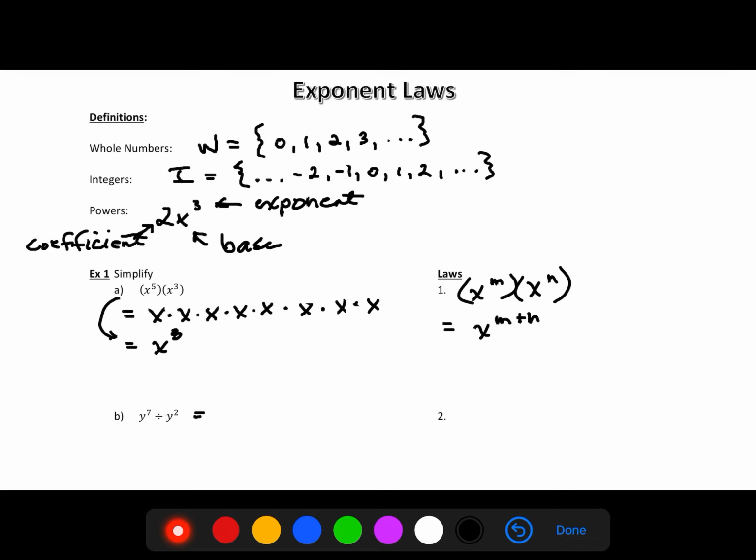Second one, now we're dividing. So we're going to write this in division, that we have y 7 times on the top, and we have y times y on the bottom. 2 y's multiplied together. Well, we know that anything divided by itself is just equal to 1.